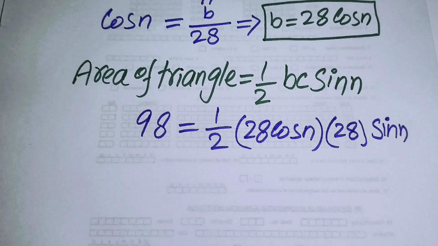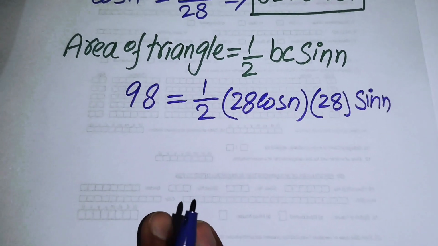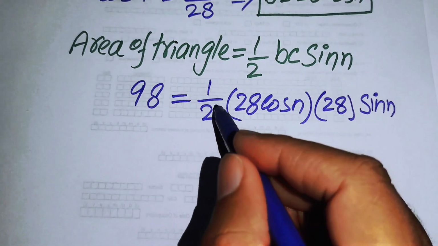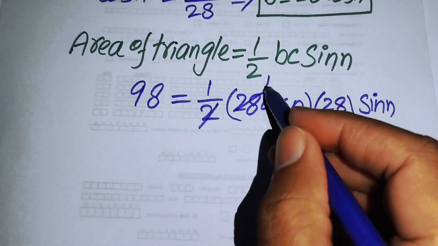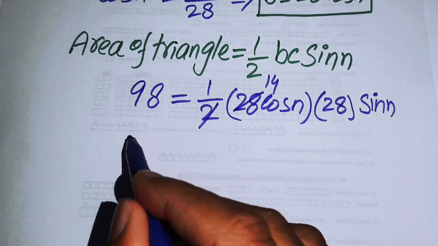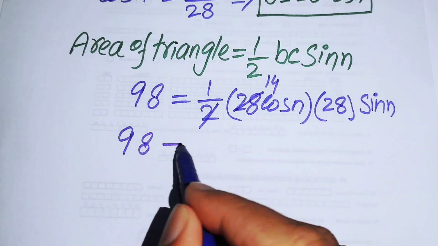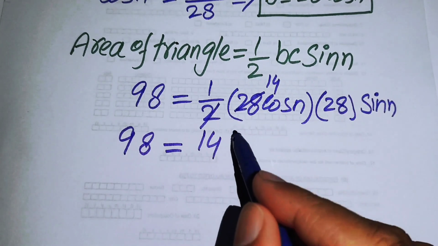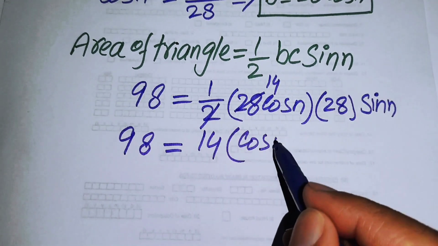Now we will make a little bit of simplification, and we can find the value of n. You can see these 2 and 28 cancel each other, and here you obtain 98 equals 14 times cos of the angle n.